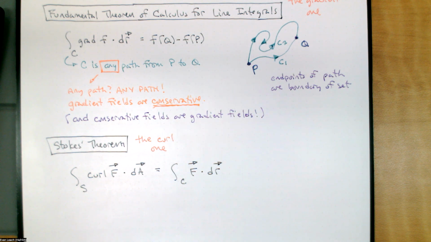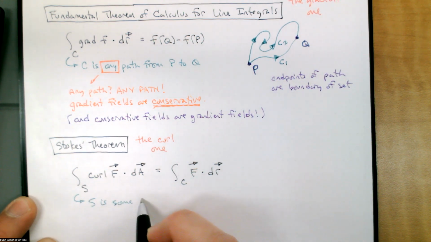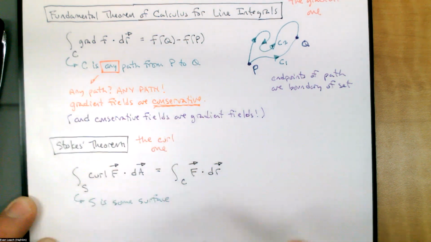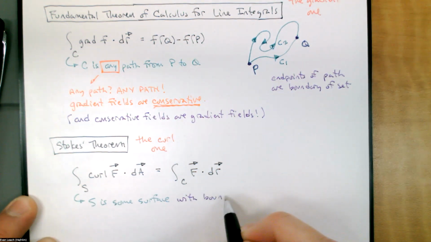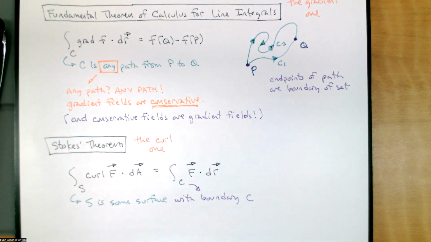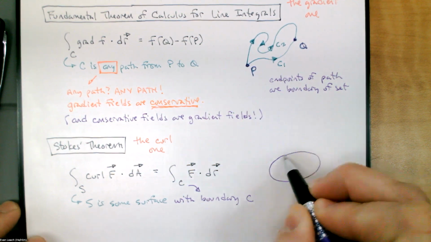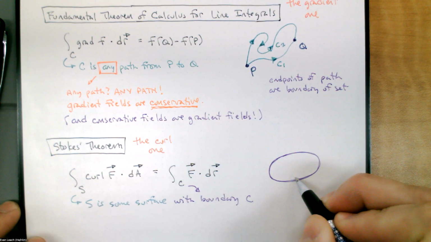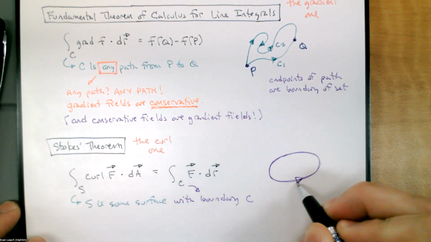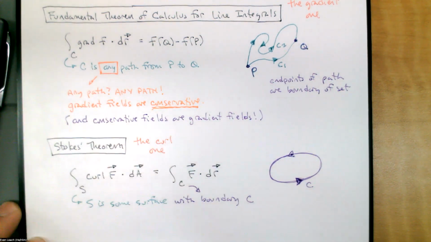So S is some surface, the boundary of which is C. So what's going on here is we've got some curve C and it's the boundary of some surface S.